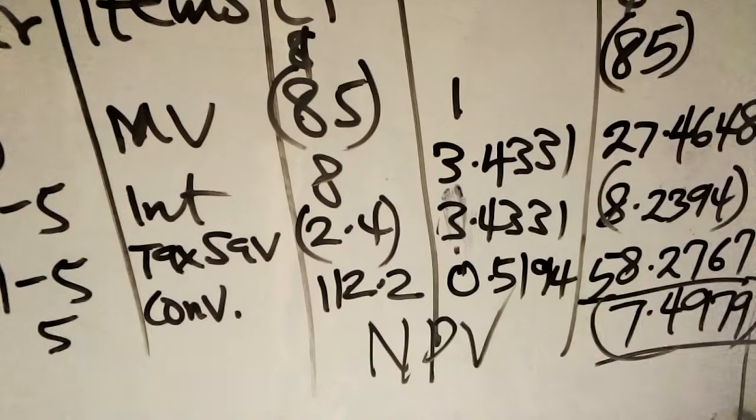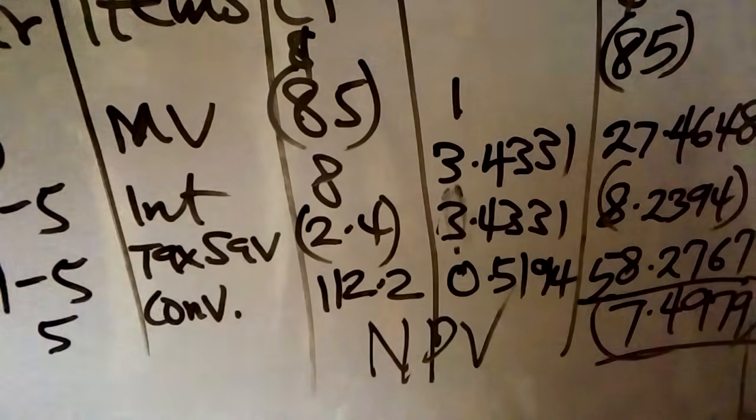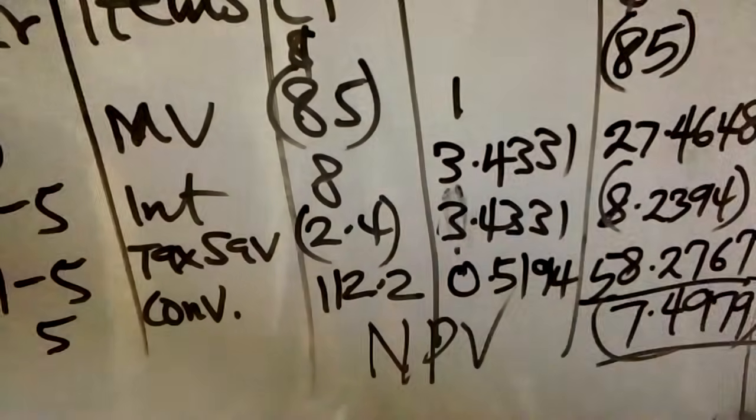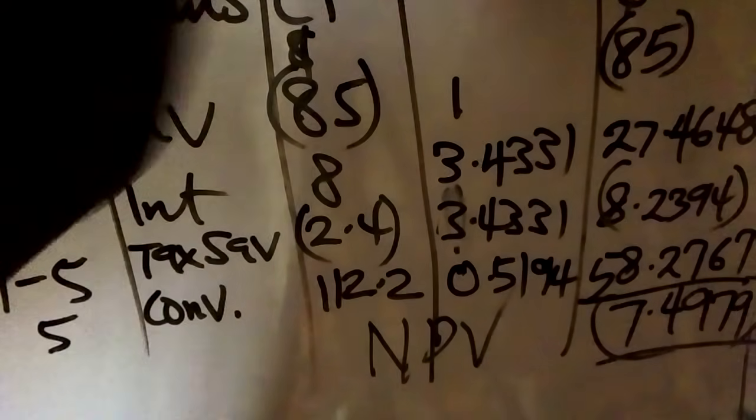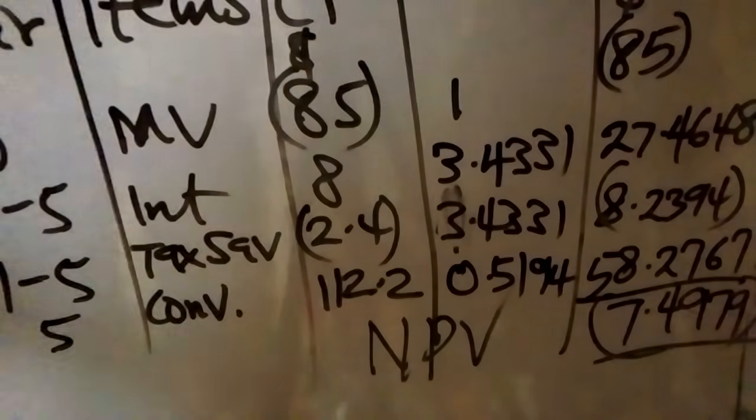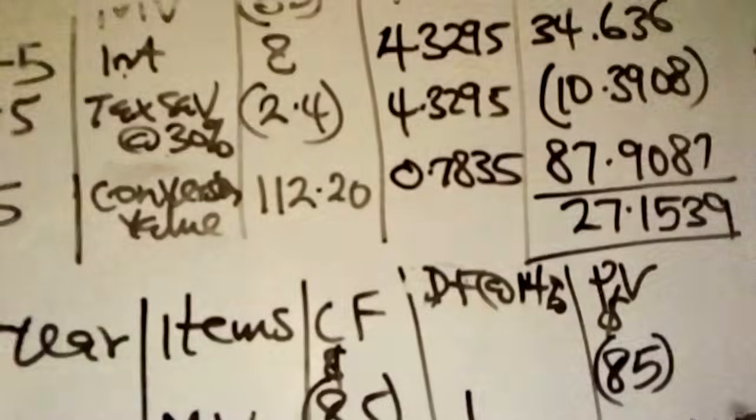So having computed the two NPVs, one positive, the other one negative, we now want to calculate the internal rate of return by interpolation.